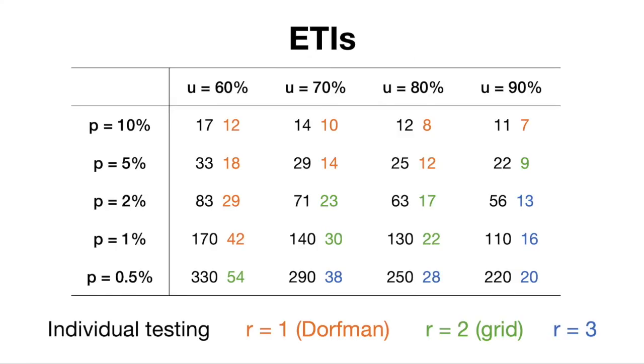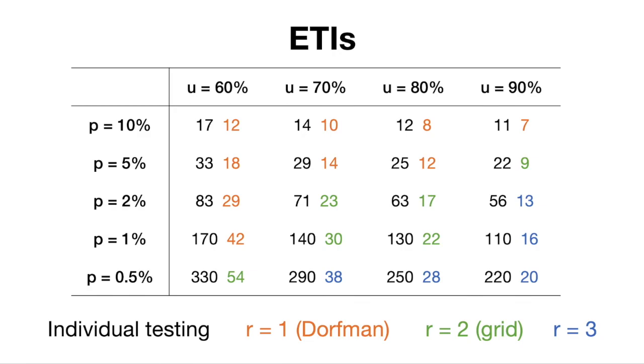Here's a table showing that for different values of the prevalence from 0.5% to 10%, and for different values of the sensitivity of the test from 60% up to 90%. The black digits are individual testing, and the coloured digits are this RS strategy. The orange ones are where Dorfman's, R equals 1, is best.